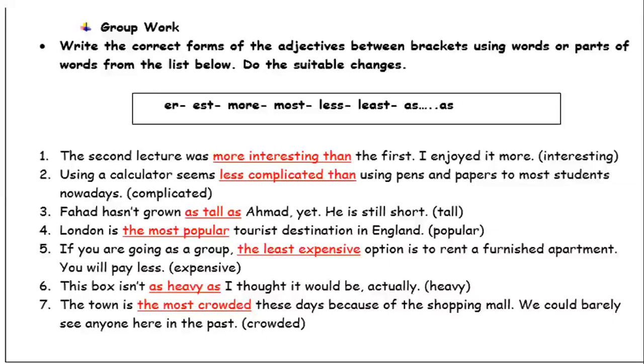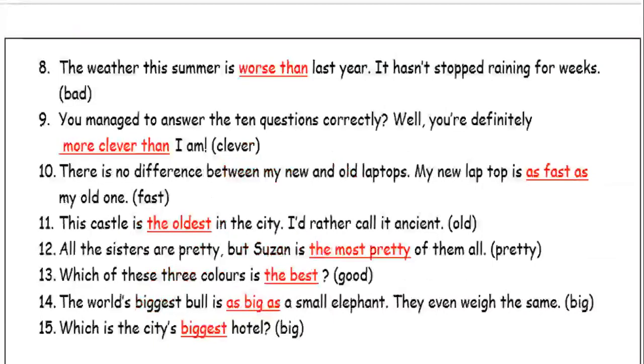So I want to use the superlative form, and when I look at crowded, I can find it has more than one syllable. So the suitable answer here is to use the most before our adjective crowded. So our answer is: the town is the most crowded these days because of the shopping mall. We could barely see anyone here in the past. Let's move to the next page.